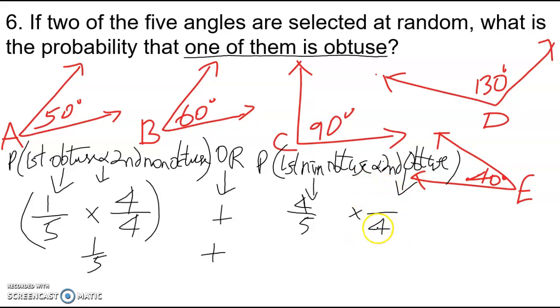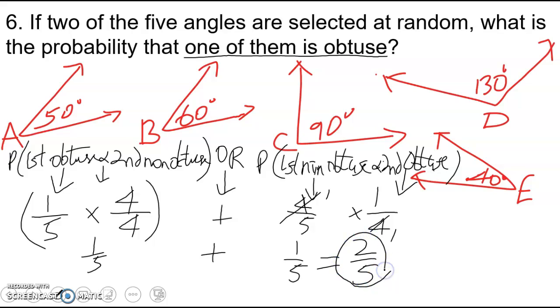Now, out of those 4, we still have the obtuse, because it was not removed. Only that one obtuse, so we have 1/4. Multiply and simplify. Again, this 4 can cross out. We have 1/5 left. So we have 1/5 plus 1/5. They have a common denominator, so you add the top and keep the bottom. That's the rule of adding.